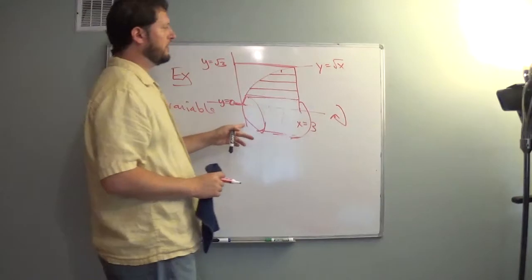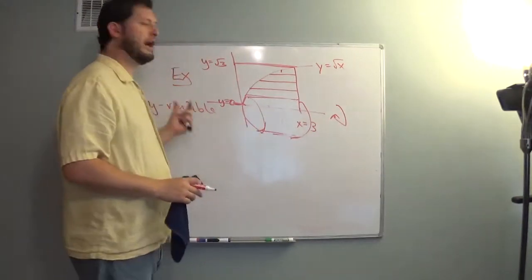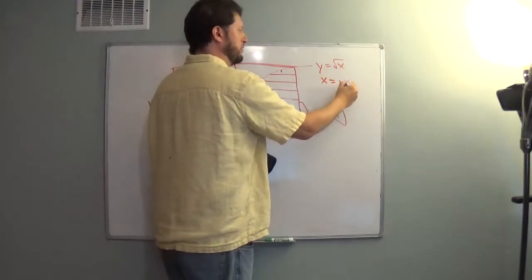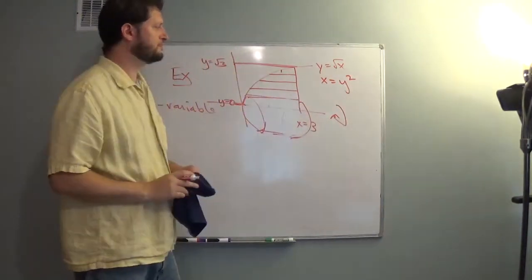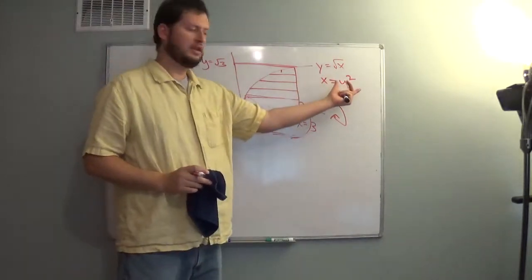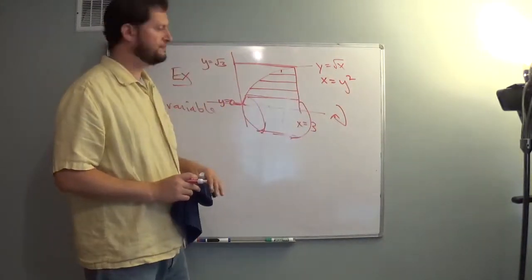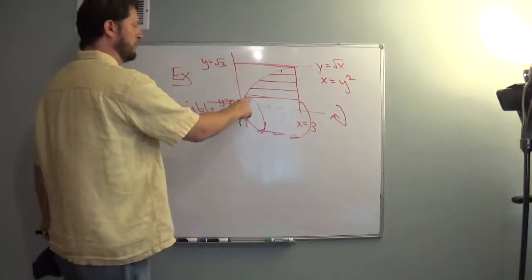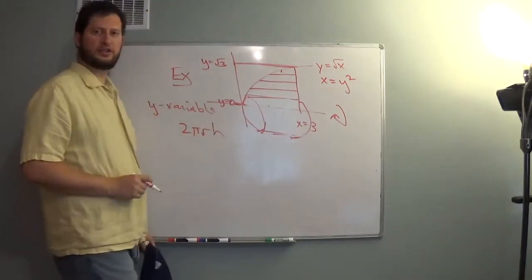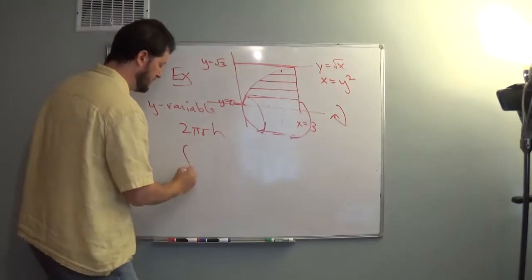Second, we need all of our functions in terms of y being the variable, which means I need to rewrite this one as x is equal to y squared. So we've got everything in terms of y, and since we are making a cylinder shape, we're looking at 2 pi RH as our formula.